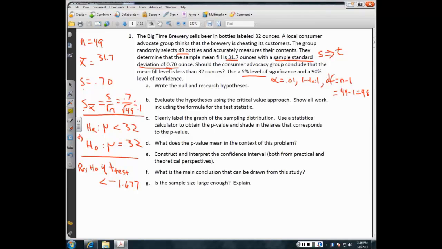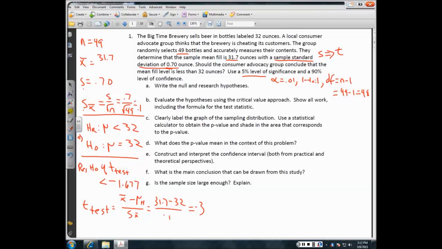Then I'm going to compute the t-test, and that's going to equal the statistic minus the hypothesized parameter over the standard error. 31.7 minus 32 over 0.1, that's minus 3, which is less than minus 1.677.